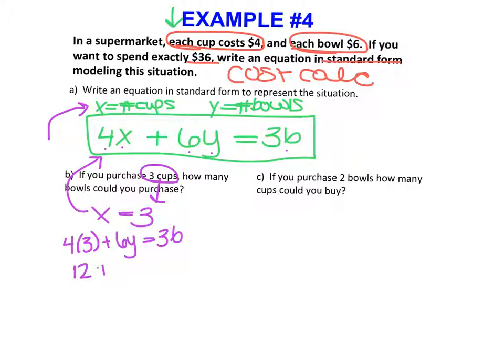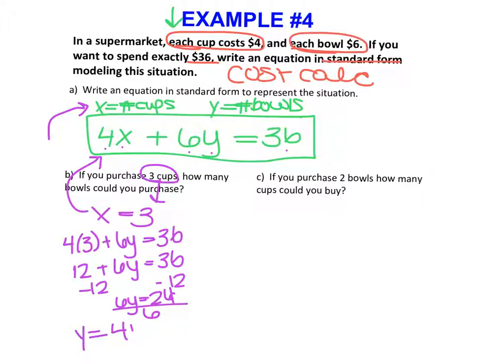So this is 12. Subtract the 12, subtract the 12. 6y is equal to 24, divide by 6. We essentially find that if we buy 3 cups, we could then buy 4 bowls and still have enough money.